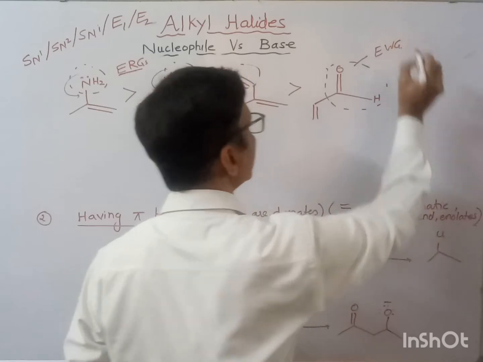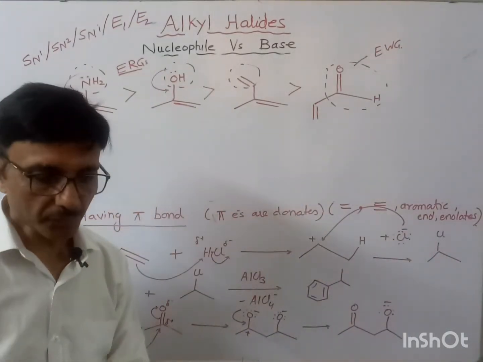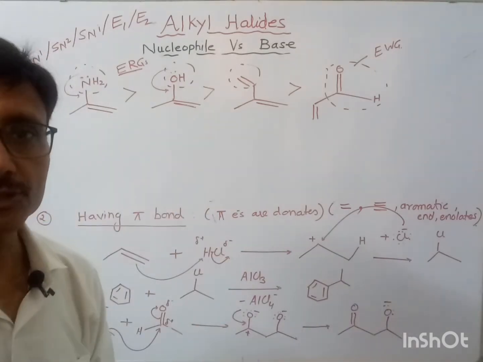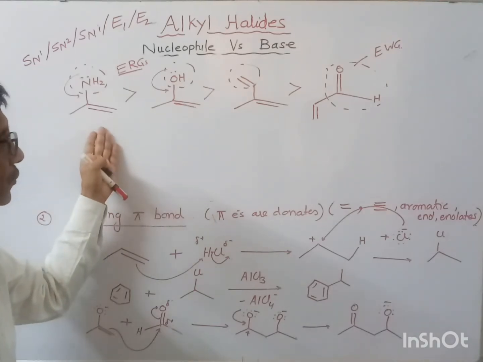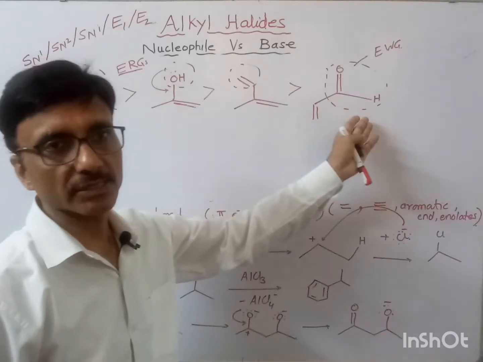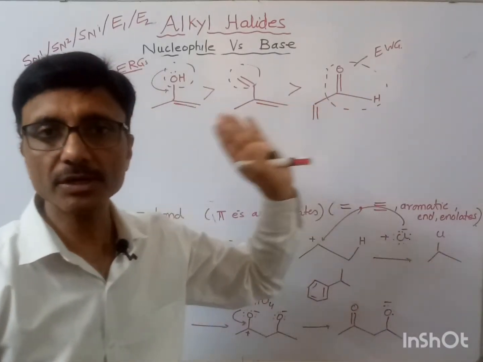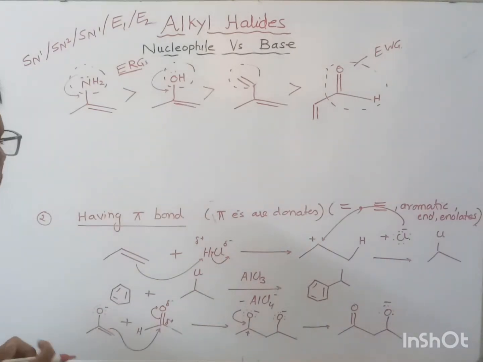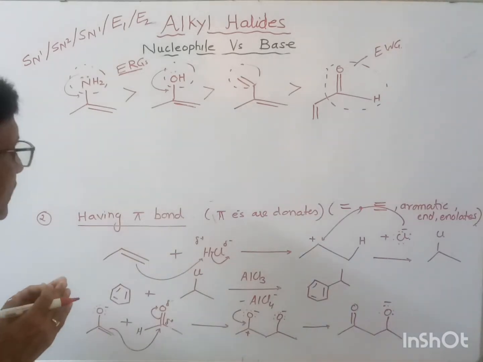So no doubt this is the stronger nucleophile in comparison to this. And at the last, where the electron withdrawing group is present, that would be the least strong nucleophile. Okay, so this is the second category.